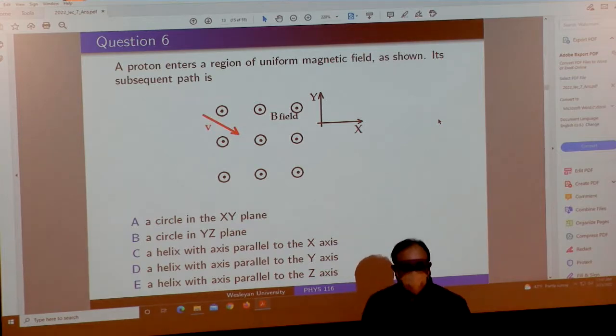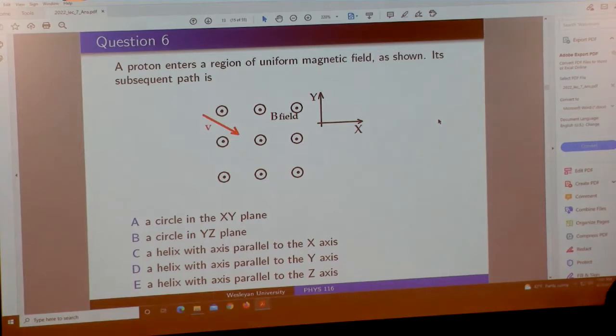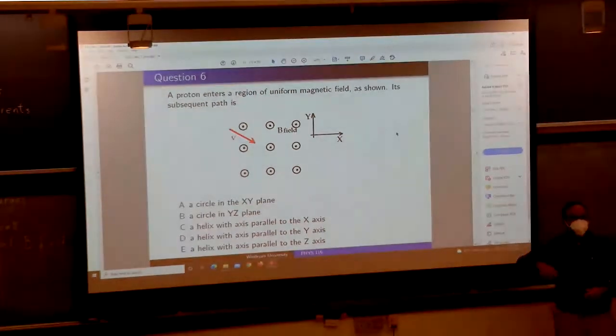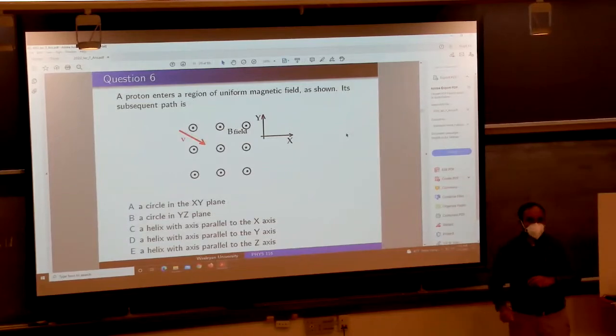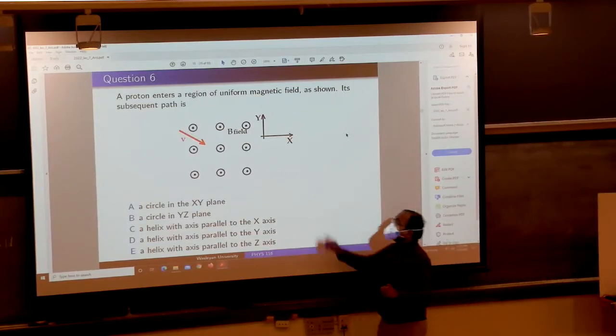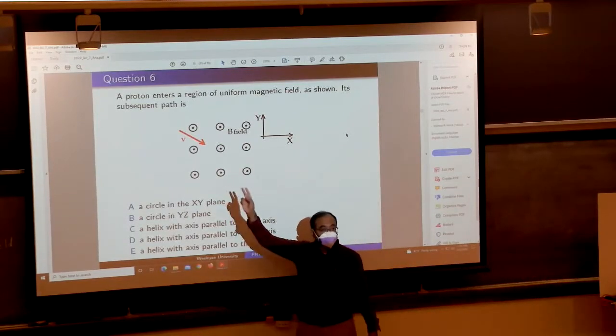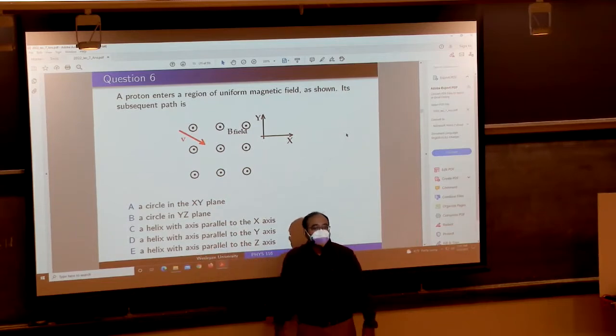Last time we had a helix because we had to split the velocity into a component parallel to the B field and a component perpendicular. The steady linear motion of the helix is due to the part which is parallel to the B field, and here there is no such part, it's all perpendicular. So it's just going to be a circle. And the force is in the xy plane. Exactly, that's another good way of putting it. The force is in the xy plane, the velocity is in the xy plane, it just stays in the xy plane.